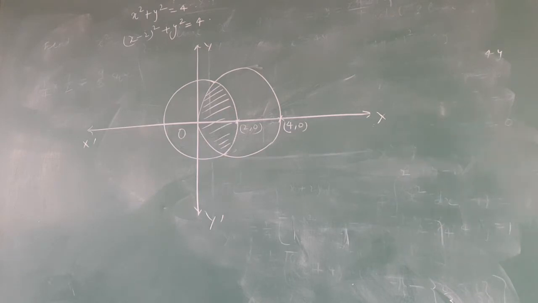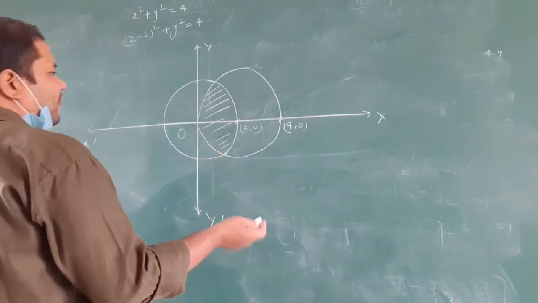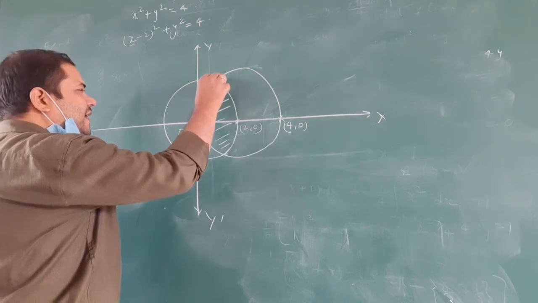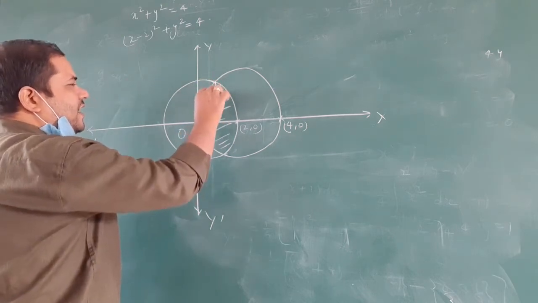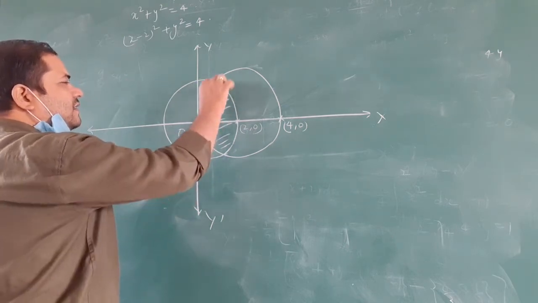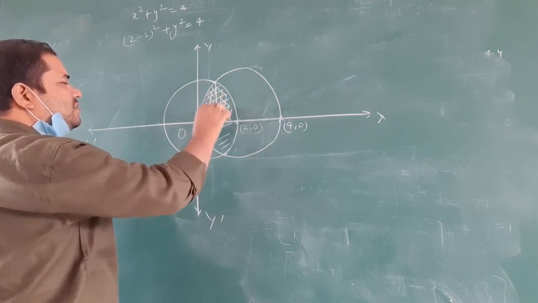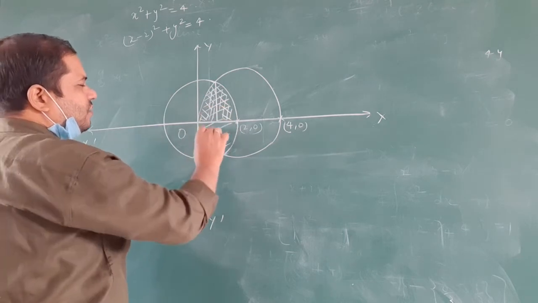Now, how will we find the area? These are the symmetrical parts. So if we find this particular area and take 2 times, then we get the whole area.